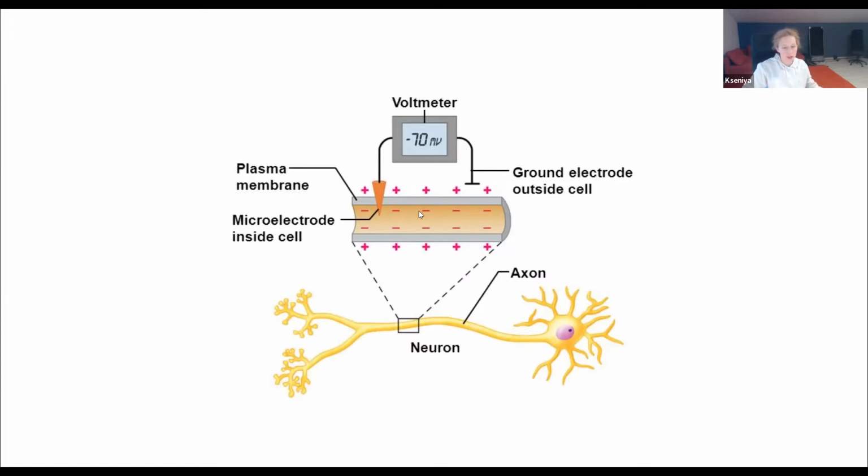That is, even at rest, a neuron has a potential difference inside and outside the membrane. And this potential is approximately equal to minus 70 millivolts. Let's see where it comes from.